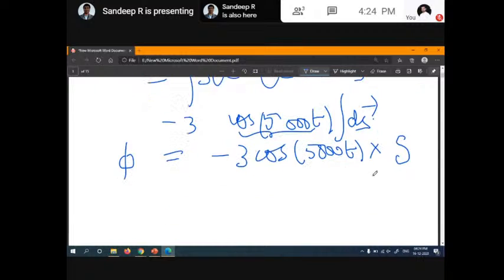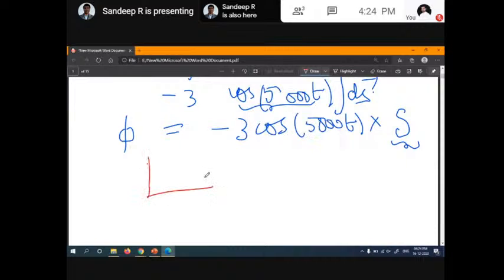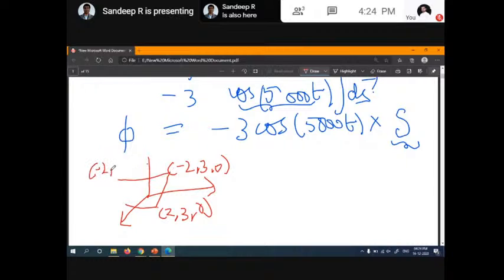Now I'll calculate what this area S is. In order to calculate the area, you have to consider the points given in the question. The first point is (2, 3, 0), the second point is (-2, 3, 0), the third point is (-2, -3, 0), and the last one is (2, -3, 0).